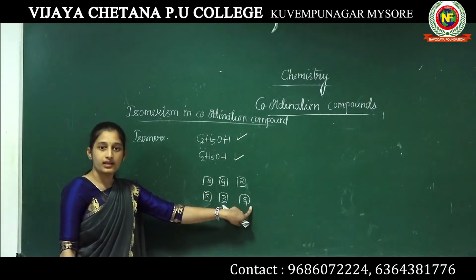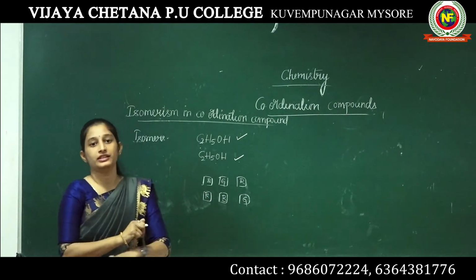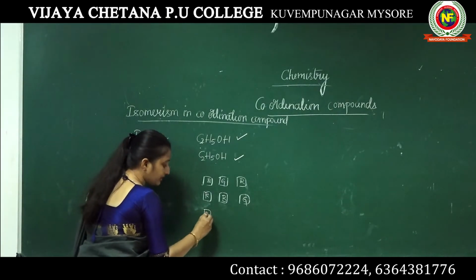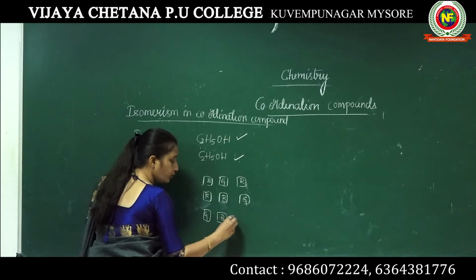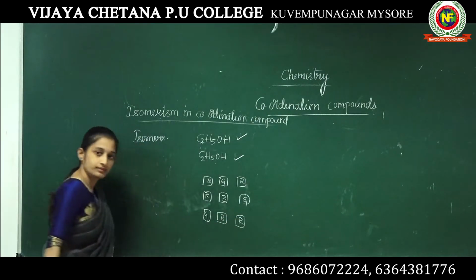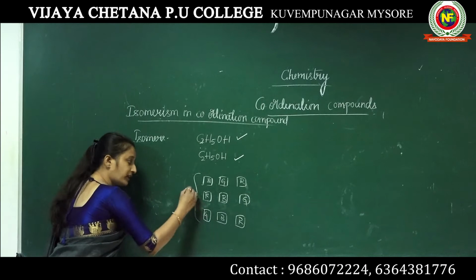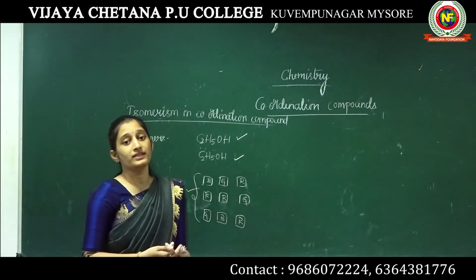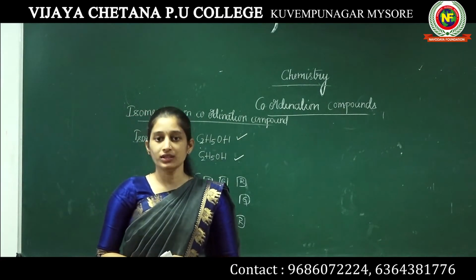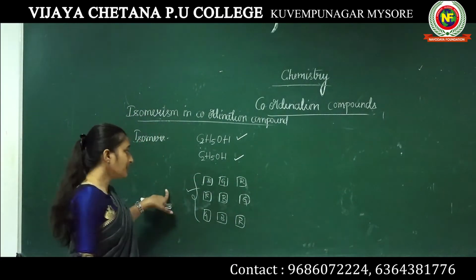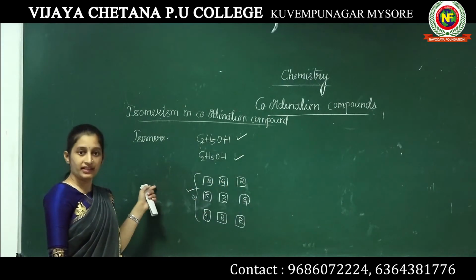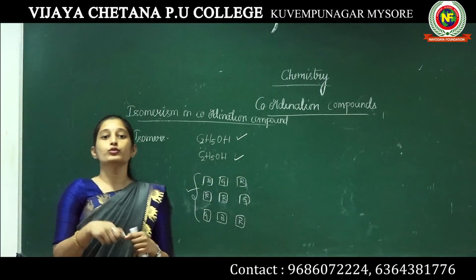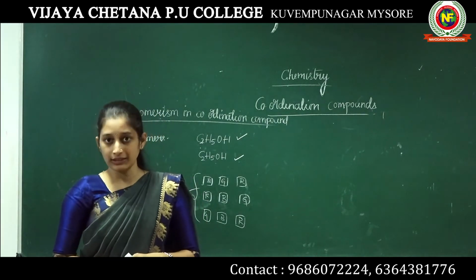Same boxes, I just shuffled. Next, one more way: first green, next blue, next red. Are all the 3 arrangements the same? No, all 3 arrangements are different. Here the 3 boxes have different colors, and every time I change the arrangement.